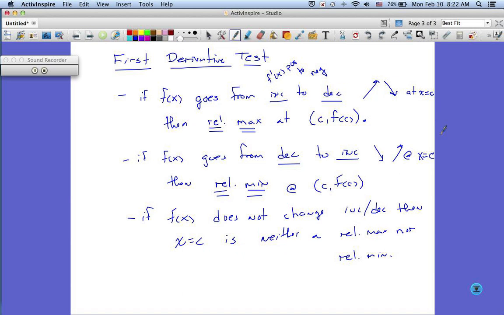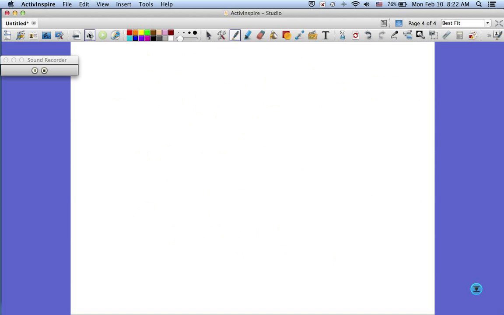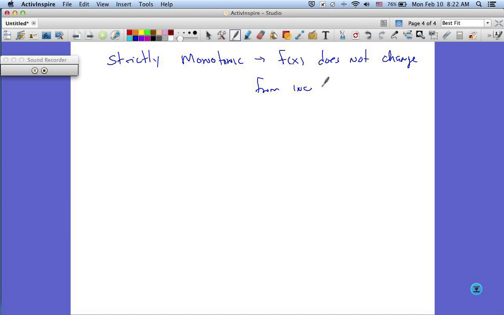And strictly monotonic is the last thing we are going to define. I mean it this time when I say last thing. Strictly monotonic. Okay, that is when a function f of x does not change from increasing to decreasing or vice versa.